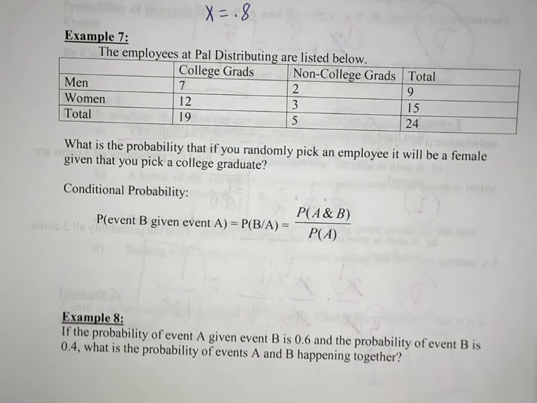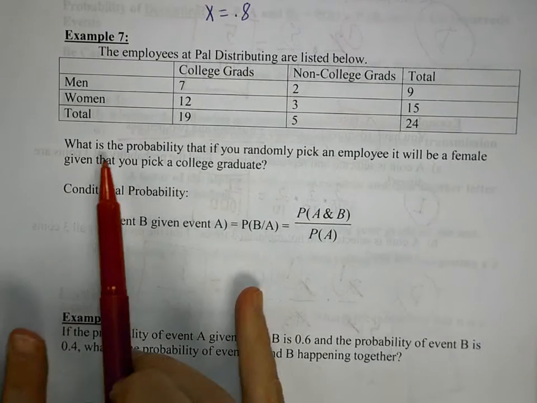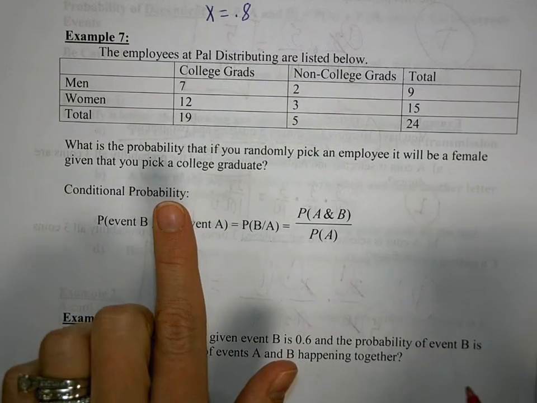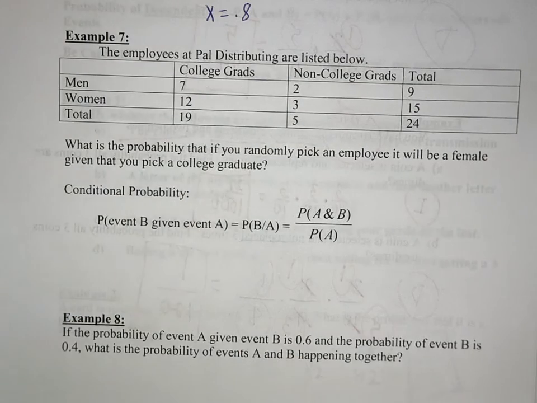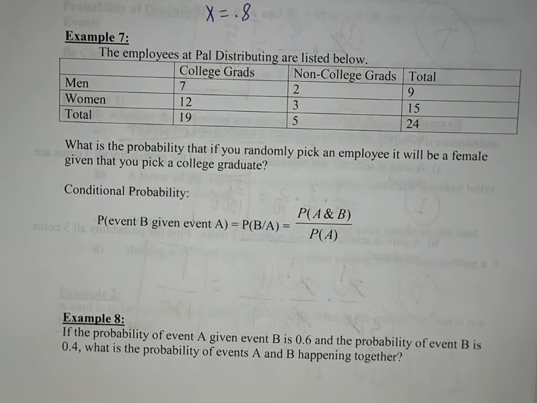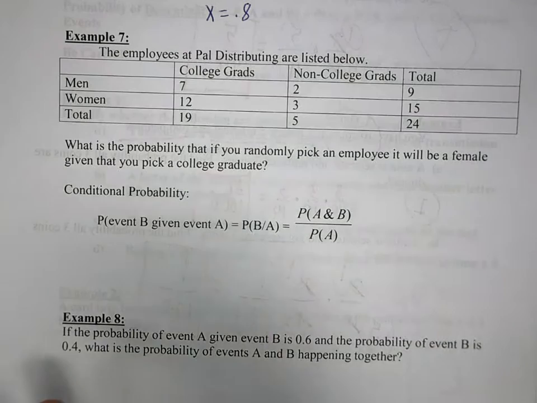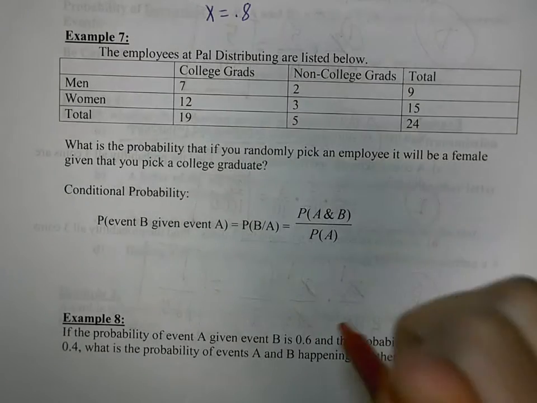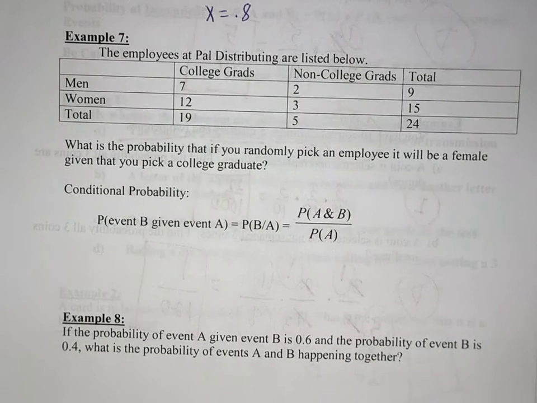So this question says, what is the probability that if you randomly pick an employee, it'll be a female given that you pick a college grad? How this works is, this is your formula, okay? I think that the easiest way to do it, though, is this way.